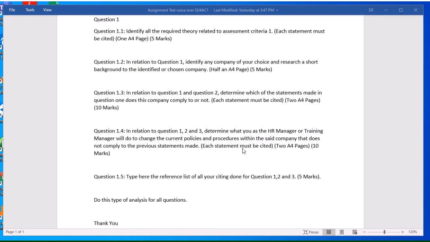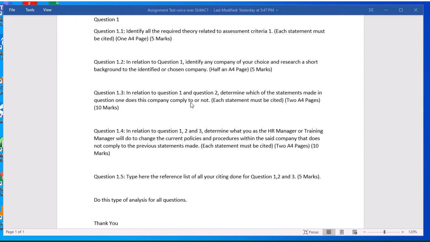You copy your theory and you then paste it in question 1.4, and you will then just add what the changes are that you would put in there. Or what changes you would suggest would have to be done to align your company with what the theory demands.